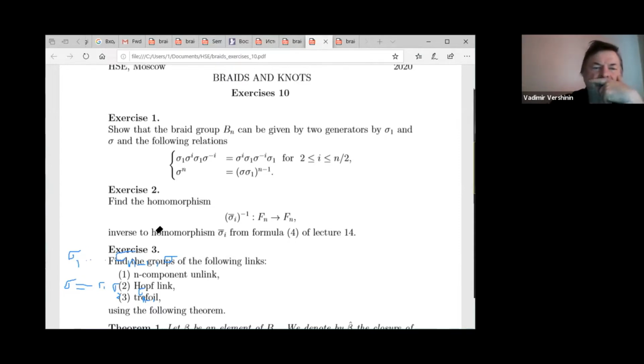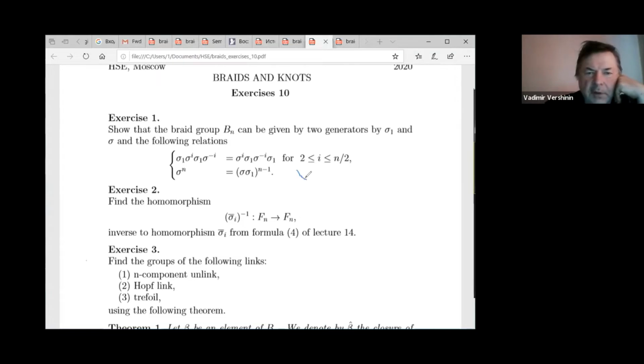Because another one is to construct the inverses for our generators. So I remind that we had relations. No, sorry. We have no. Excuse me, please. There were sigma i's that were the automorphisms.